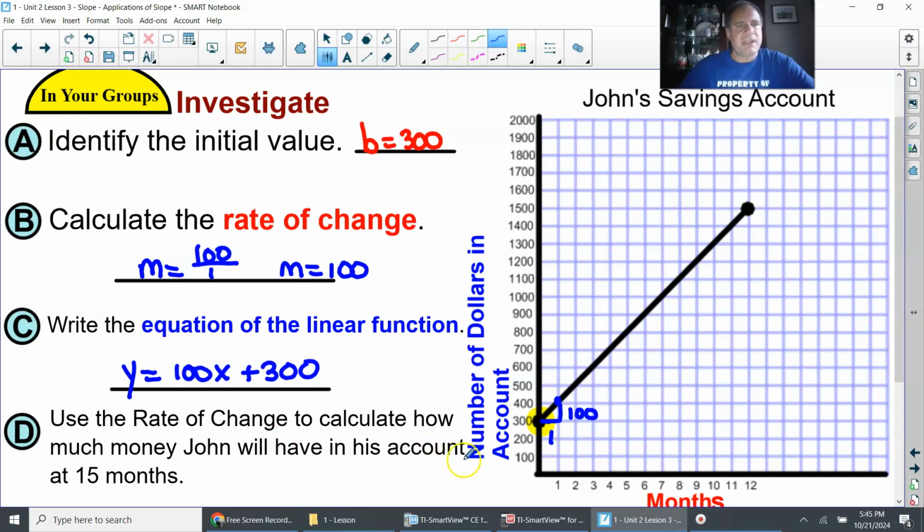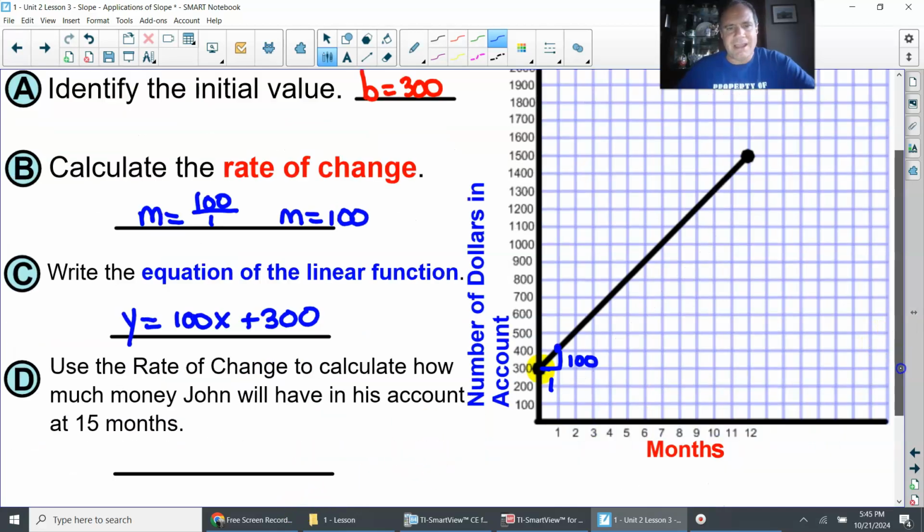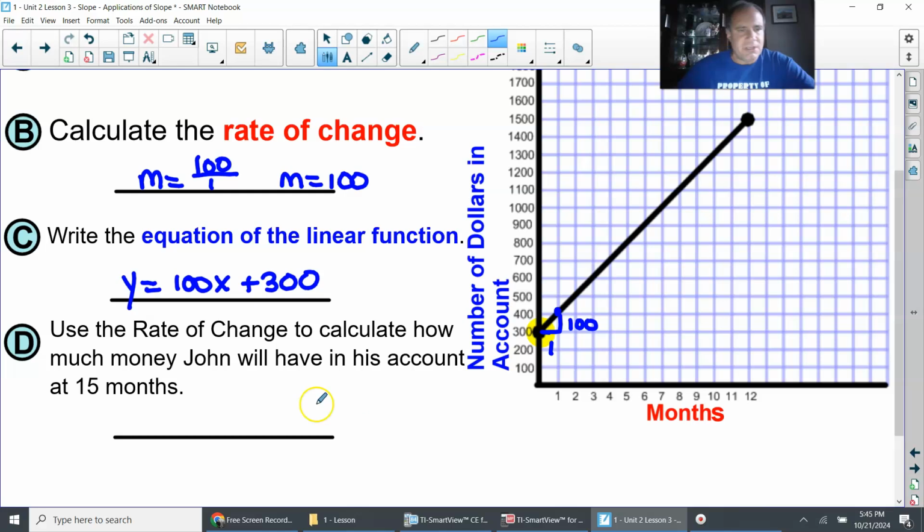Use the rate of change to calculate how much John will have in his account in 15 months. So, very easily, you can extend the graph, or you could use the rate of change, or you could use the equation where you have 100, and instead of x, we're going to substitute the x in at 15 months, because the x is represented by months. So we're just going to put 15 in, plus 300.